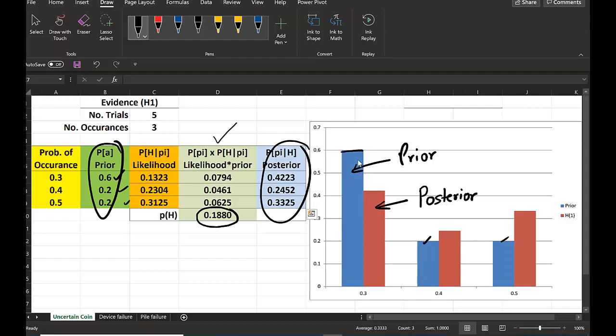This value is 0.43, this value is 0.24, and this value is 0.33. So this is about using Excel to calculate the prior, the likelihood times prior and the posterior distribution, and we can also get the total probability of getting a head.